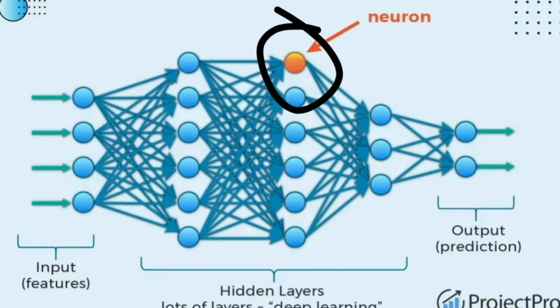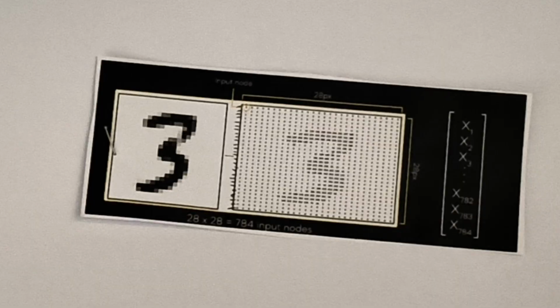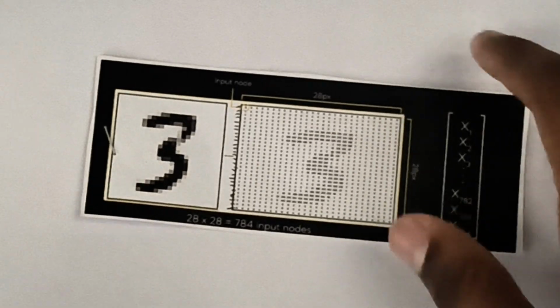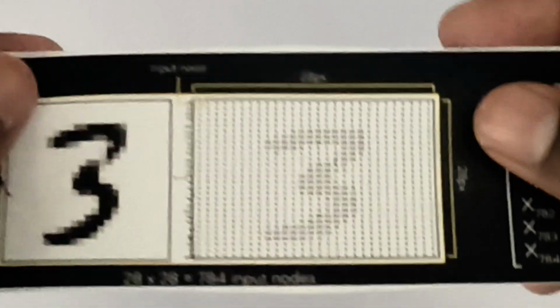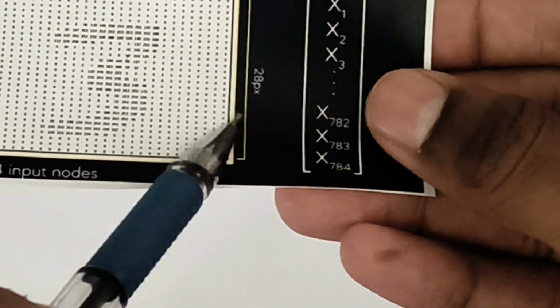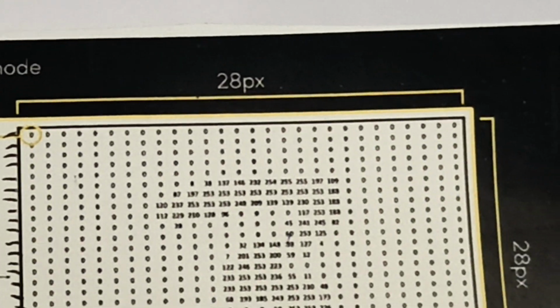Now, every layer of a neural network is made up of nodes or neurons responsible for processing the information received. For example, let's again refer to the MNIST database, where we take the handwritten digit number 3 and feed it into a neural network. In the MNIST dataset, each image has 28 by 28 pixels. This means every pixel is a node or a neuron.